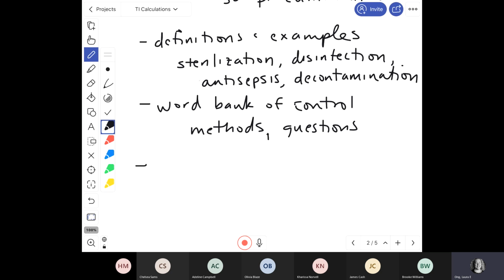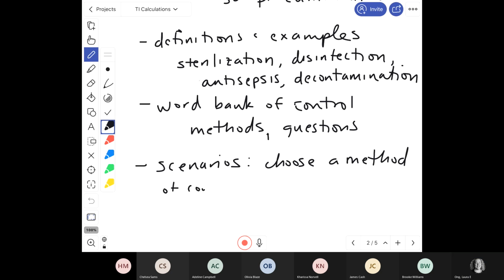Next section is scenarios. So given a scenario, choose a method of control and explain your reasoning. Explain why you chose that method.